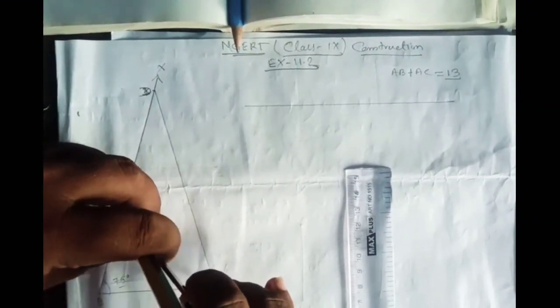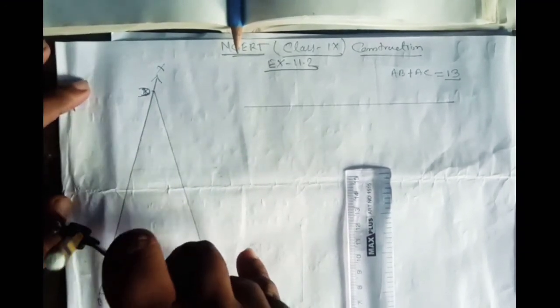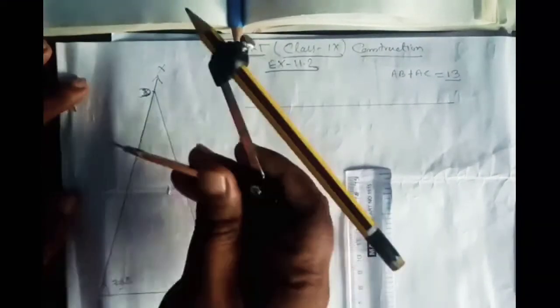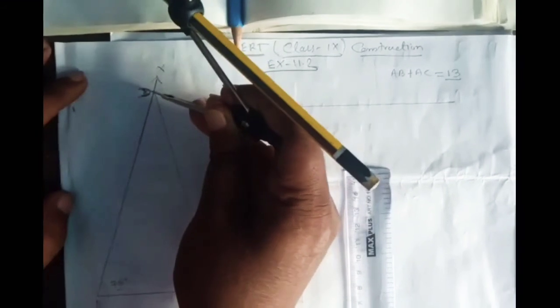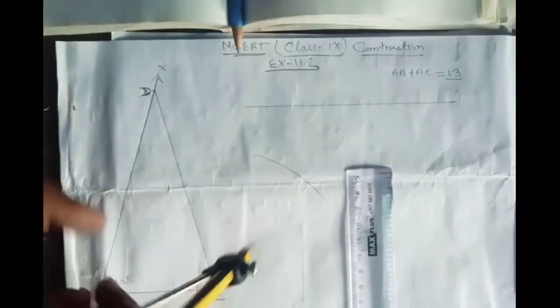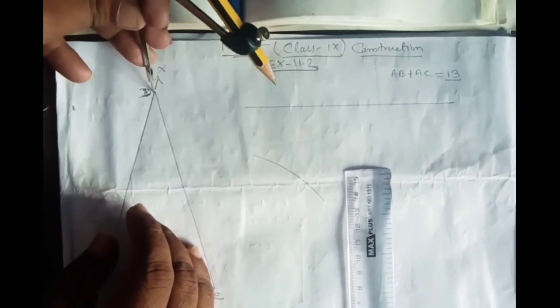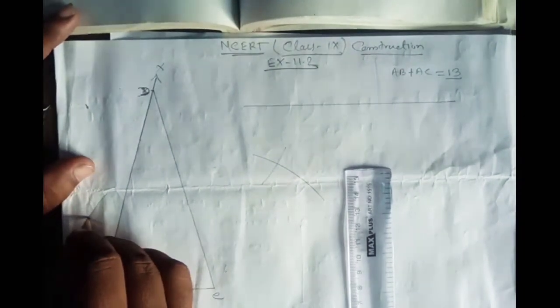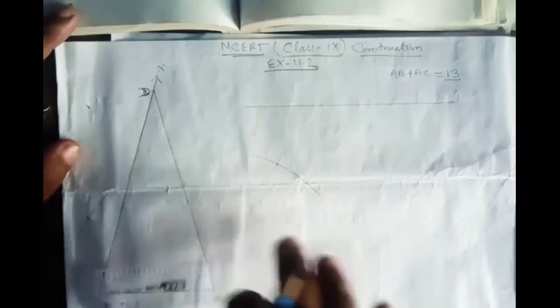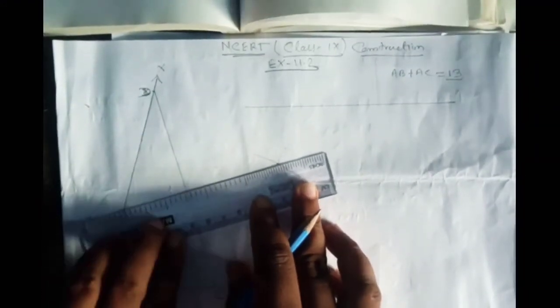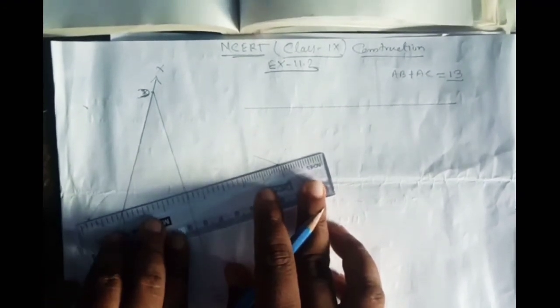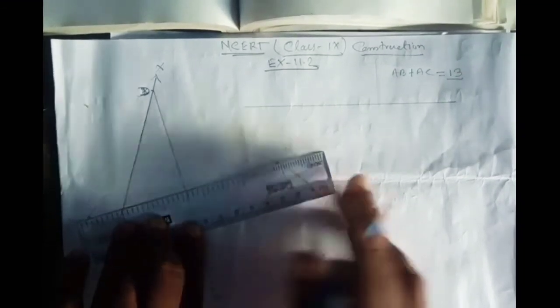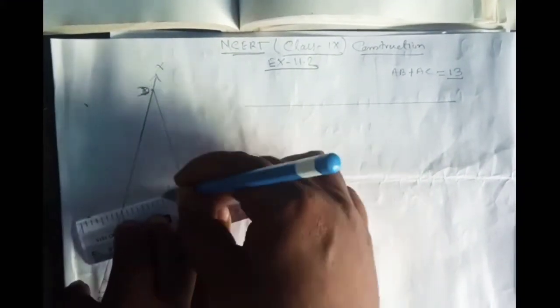Perpendicular bisector, how to draw it, you already know. To draw the perpendicular bisector, next if we join this, this is the perpendicular bisector of the line segment DC.